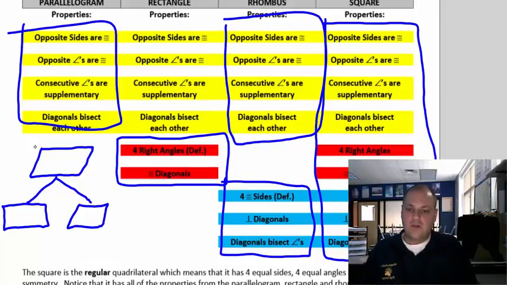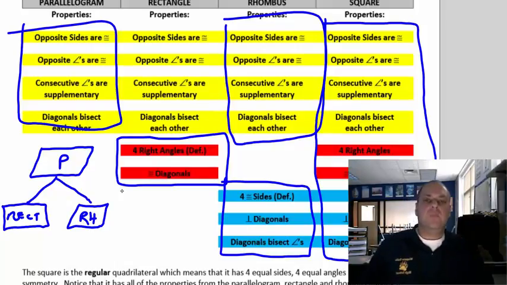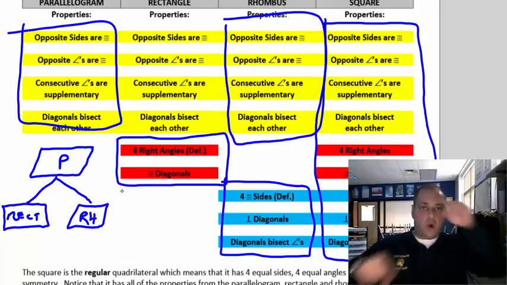Okay, so this is a parallelogram, and that can either be a rectangle or a rhombus.